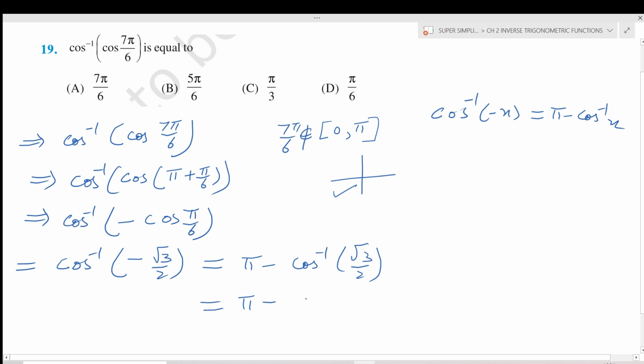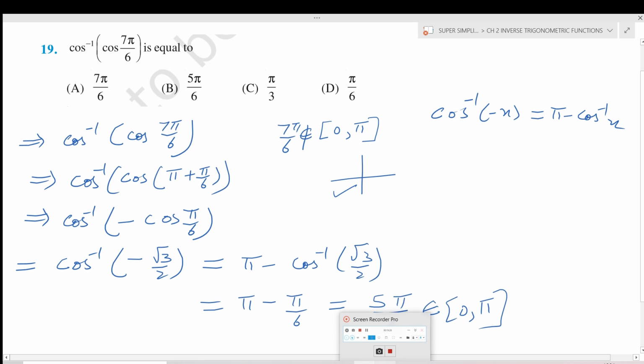Cos inverse root 3 by 2 is pi by 6 or 30 degree. So pi minus pi by 6 comes out to be 5 pi by 6, and 5 pi by 6 belongs to the principal value range of cos theta, and also this is your correct option B. So you can see the correct option is option B. This is an MCQ question.